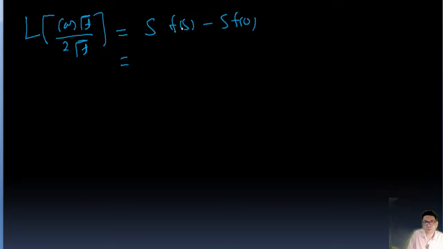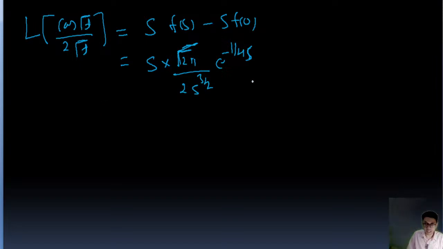F(s) means the Laplace transform of f(t), that is sine root t, whose value we know: root pi upon 2 s to the power 3 by 2 e to the power minus 1 upon 4s. And f(0) is going to be 0, because sin 0 is 0. So this value is 0.